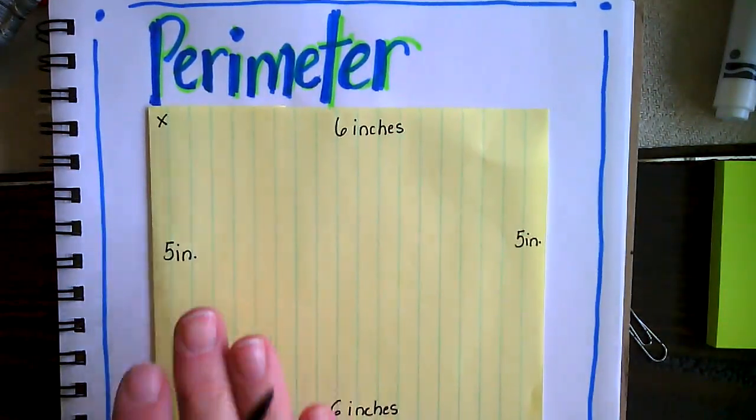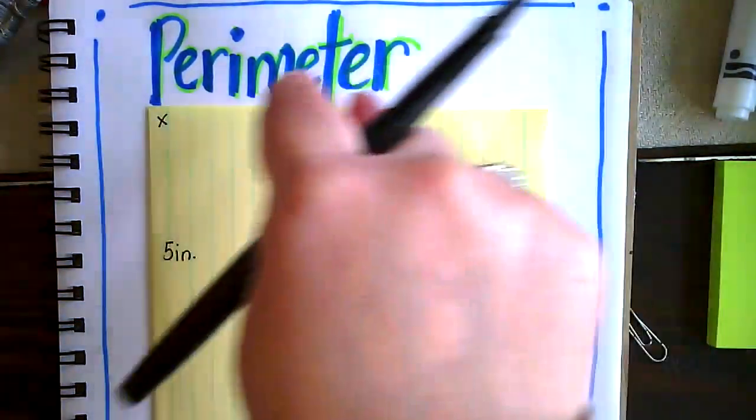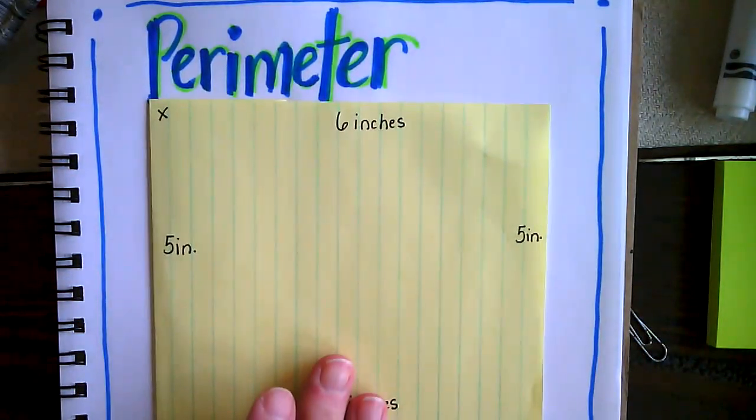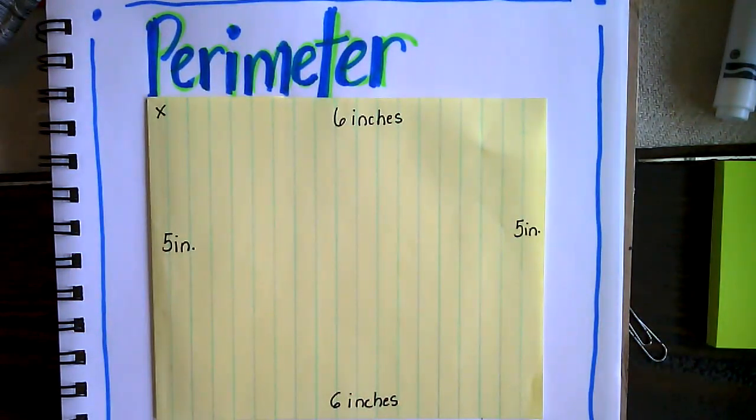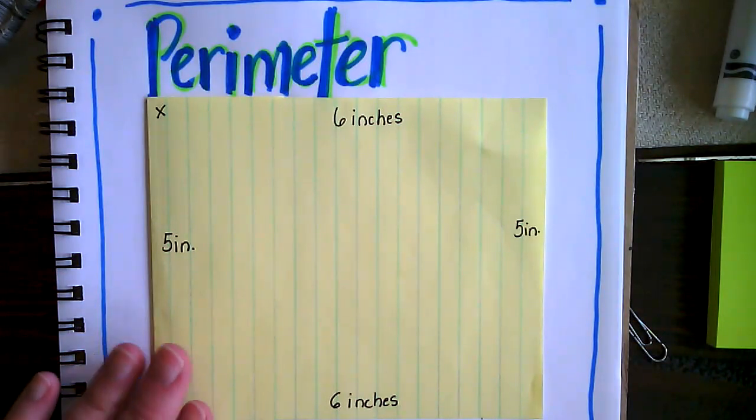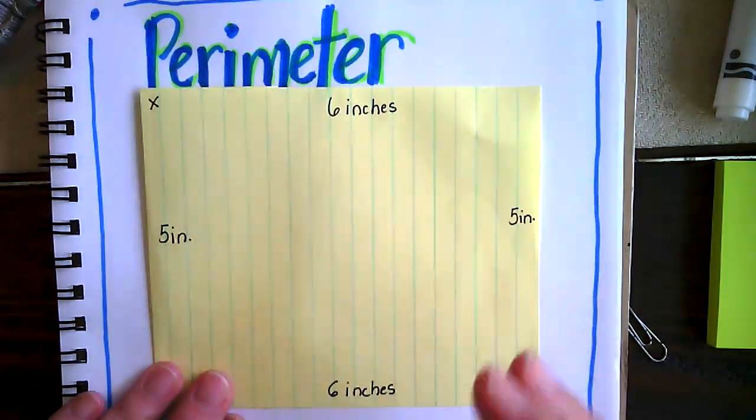How do I figure out how far that ant walked? Well, you're right. That's exactly what I would do. I would add up all those sides. I could tell you all screamed at your computer. Okay, so let's add them up.